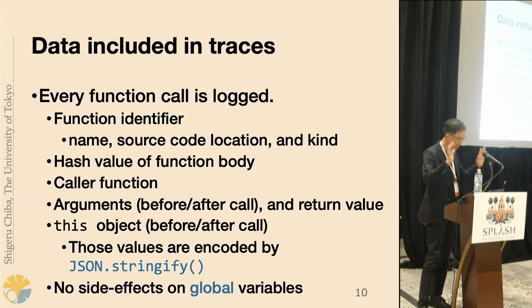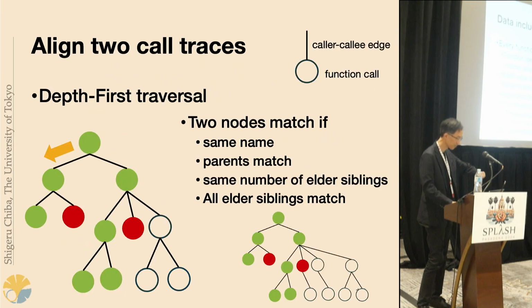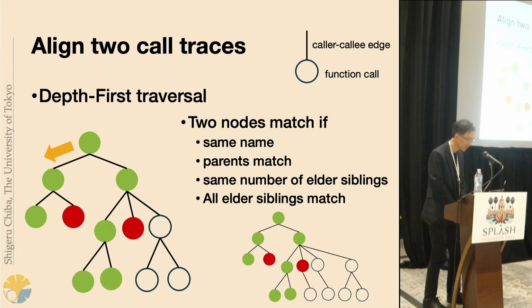But anyway, when we run the code, the system records all the execution traces, including those data. And then, first of all, it aligns two code traces before and after regression. It simply does a depth-first traversal, and it compares every pair of two nodes.